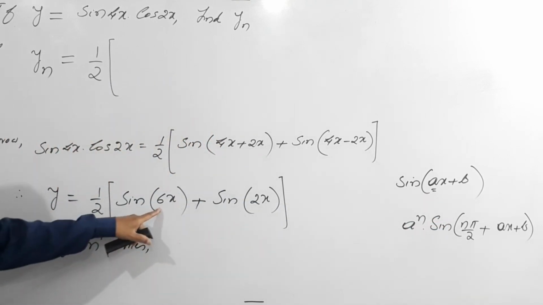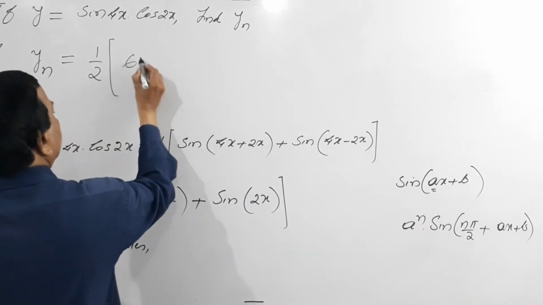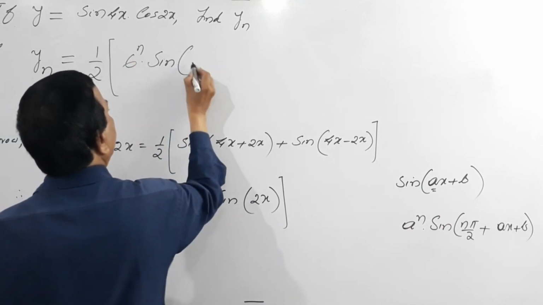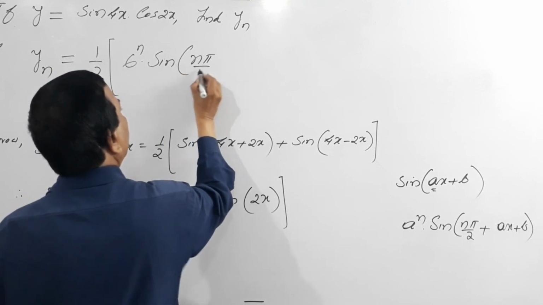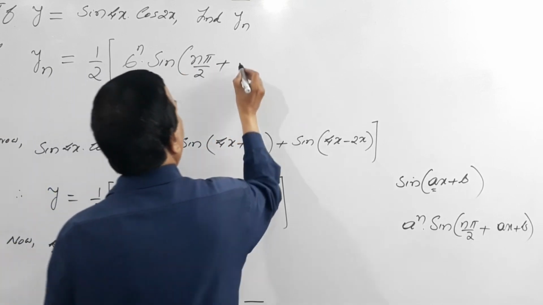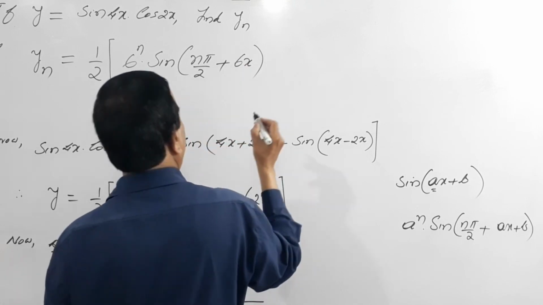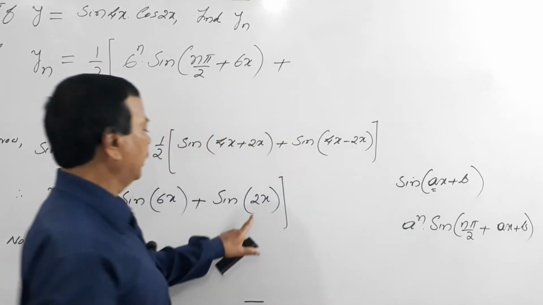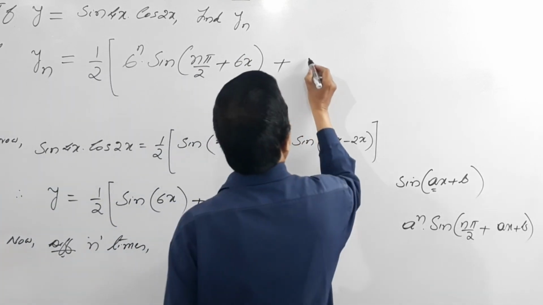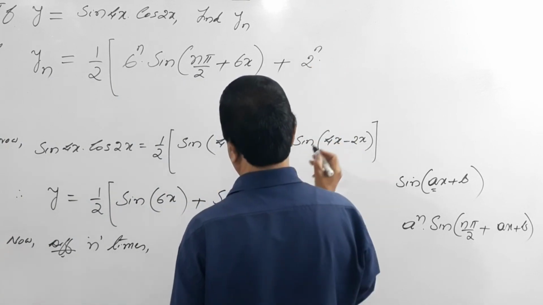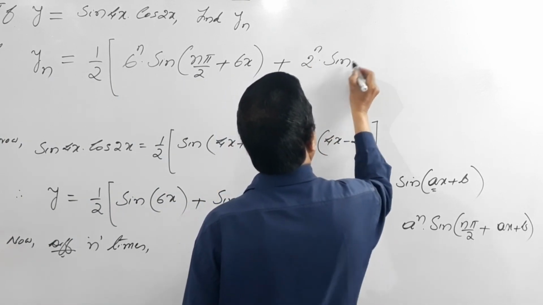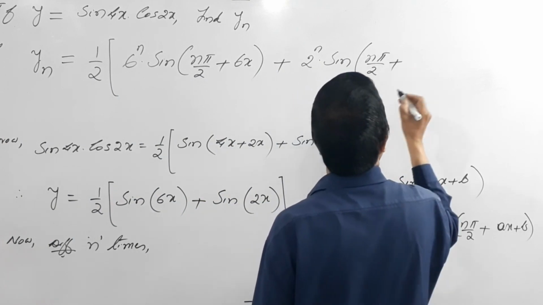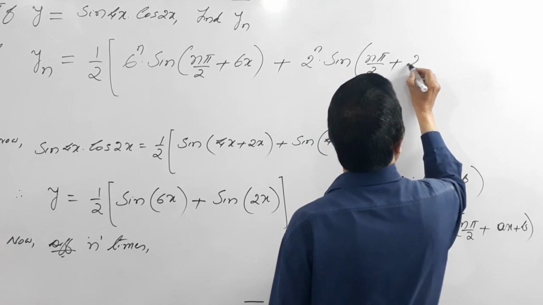Here the value of a is 6, so 6 to the power of n sine of n pi by 2 plus 6x, plus, here a is 2, that is 2 to the power of n sine of n pi by 2 plus 2x.